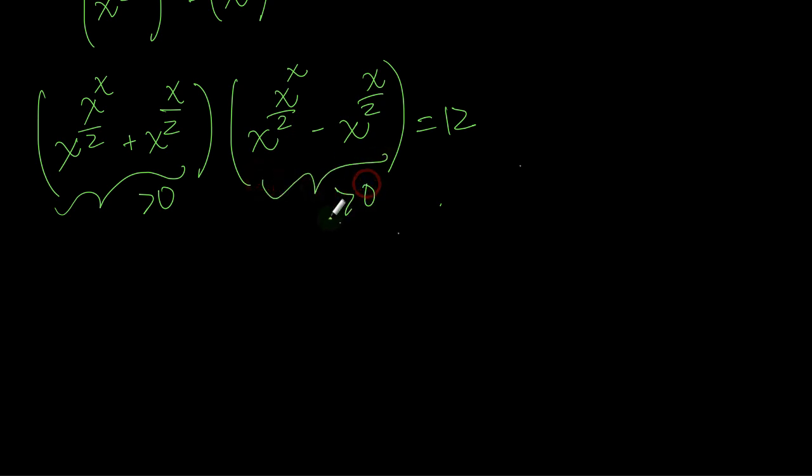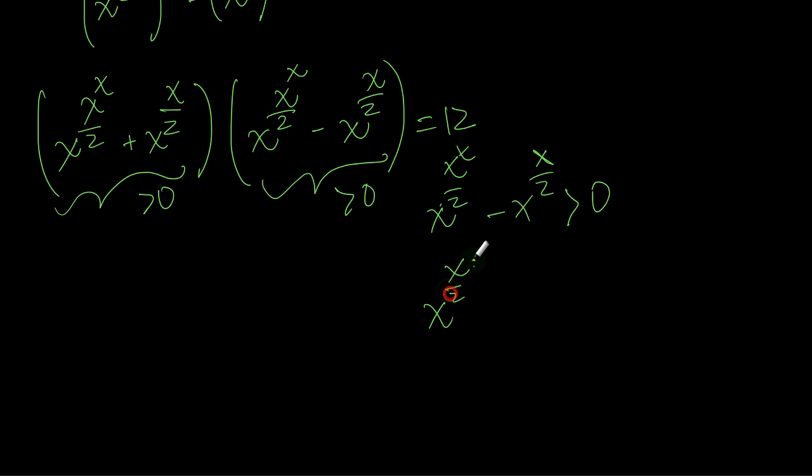To be greater than 0, x to the x over 2 has to be greater than 0, because we send this one to the right side of the equation, and this has to be greater than x to the x over 2.